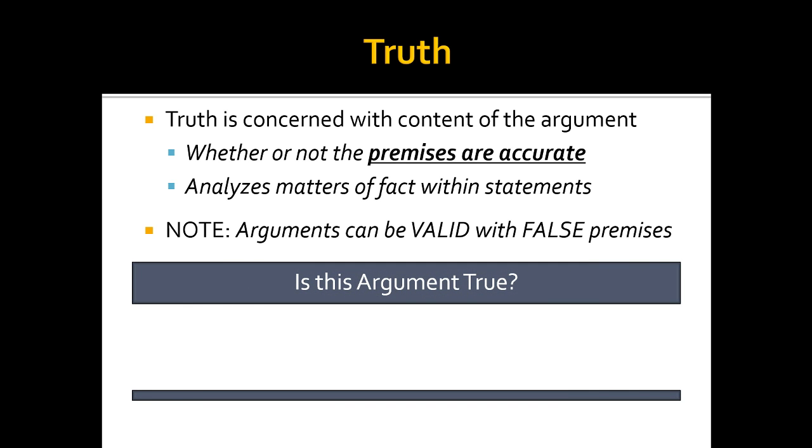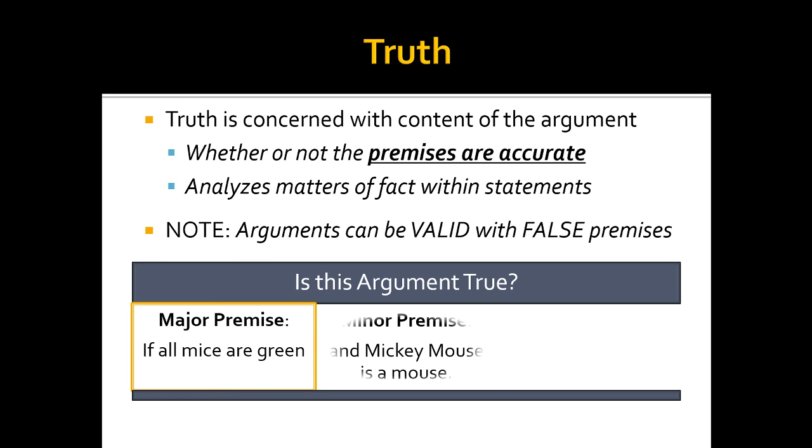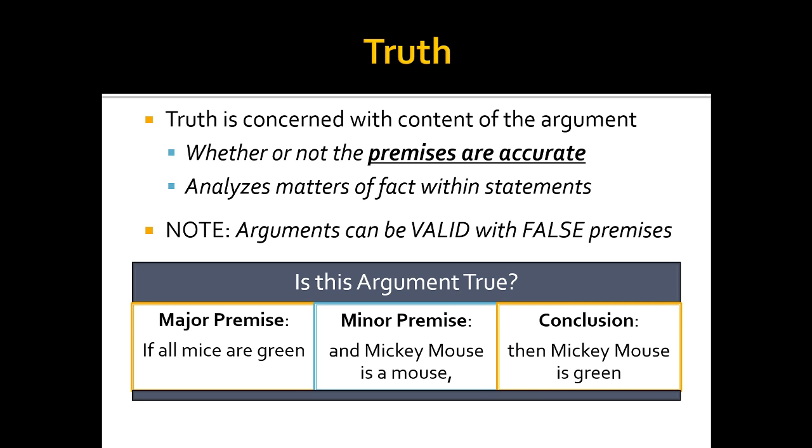So let's ask ourselves if this argument is true. The major premise: if all mice are green. The minor premise: and Mickey Mouse is a mouse. Conclusion: that Mickey Mouse is green. So remember, when it comes to validity versus truth, this argument is still valid, but is this argument true?